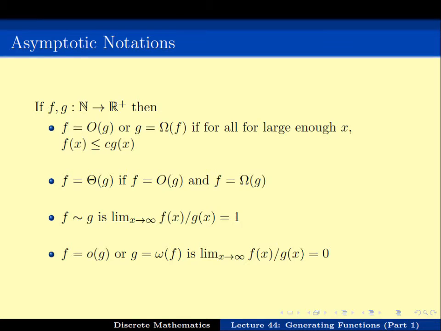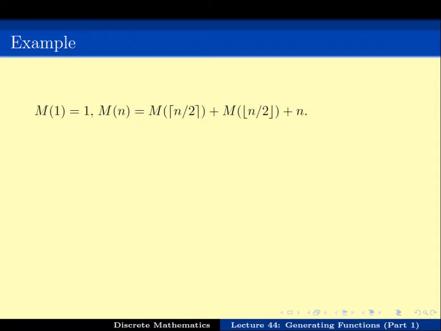And using this, we could solve examples like this where we don't have a very nice solution, but we can come up with a nice upper bound and lower bound.